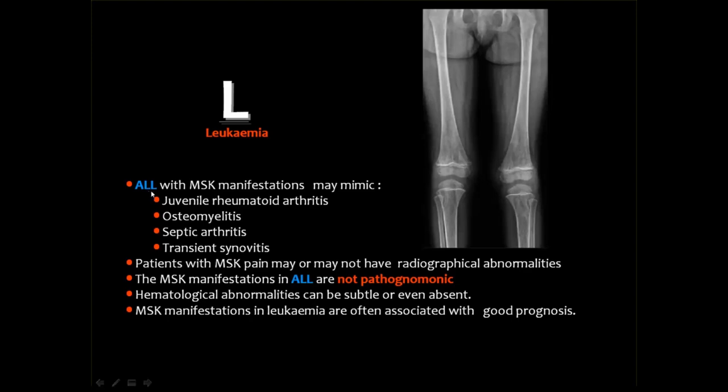Acute lymphatic leukemia with musculoskeletal manifestations may simulate rheumatoid arthritis, osteomyelitis, septic arthritis, transient synovitis. Patients with musculoskeletal pain may or may not have radiological abnormalities, and the musculoskeletal manifestations of leukemia are not pathognomonic. Then the hematologic abnormalities can be subtle or even absent.